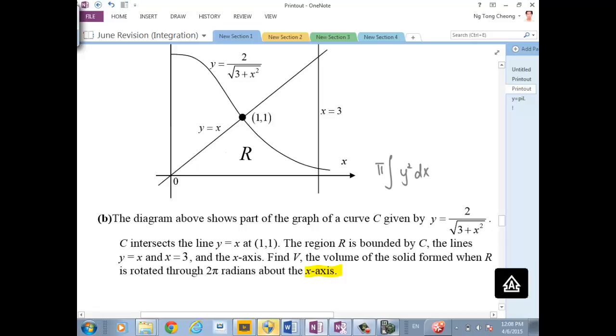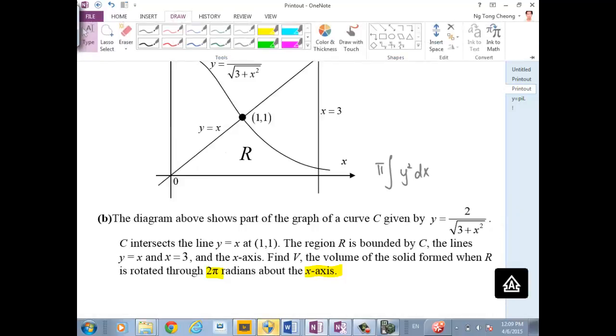First I identify which one I can use. Then the next thing is I'm going to look at how many angles. It's 2 pi radians, which is 360 degrees, so I'm going to get a complete solid. So it's fine, I'll just use my pi y squared dx.